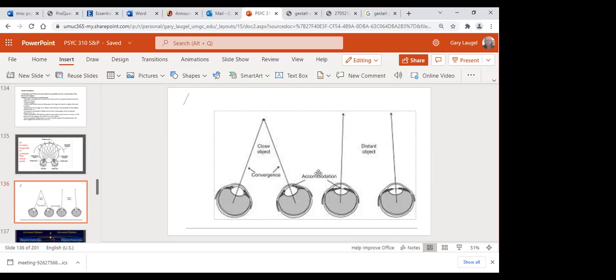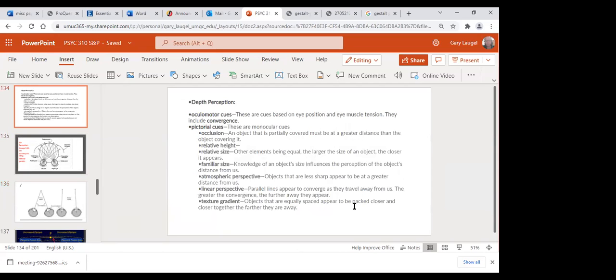You may recall we've mentioned accommodation as the thickening of the lens. This is the lens over here, right behind the pupil of your eye, the opening in the front of your eye. That lens gets thicker as an object is moved closer, because it has more focusing to do to put the image onto the back of the retina here. So those are called the oculomotor cues, right?